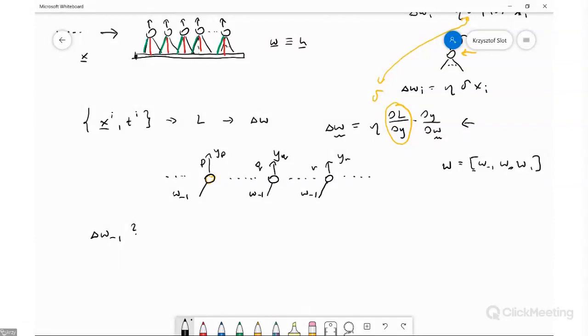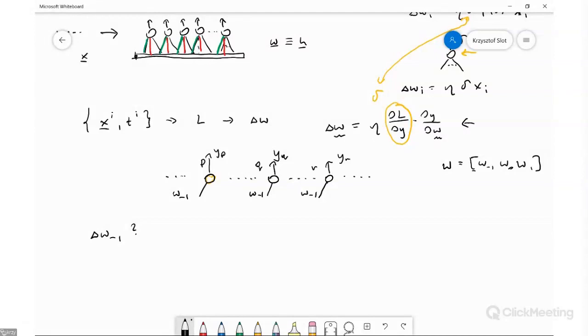But now you see that if my weight W-1 is wrong, there will be several components of the error. The weight W-1 will affect my loss through multiple different paths.